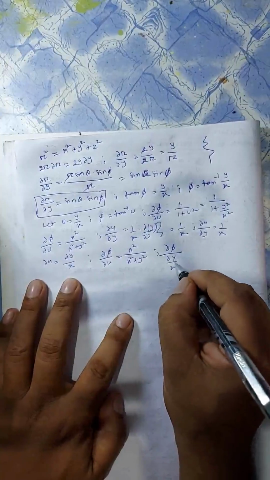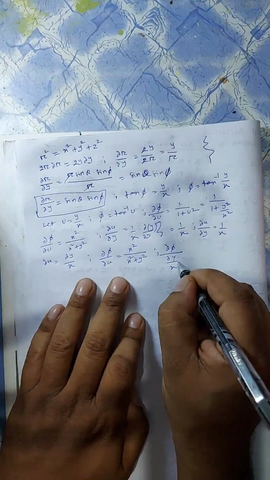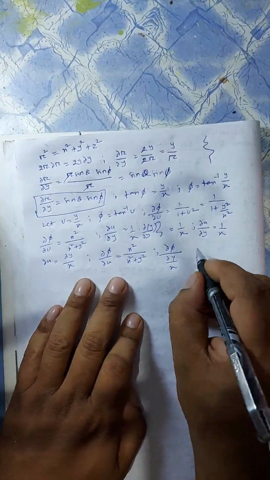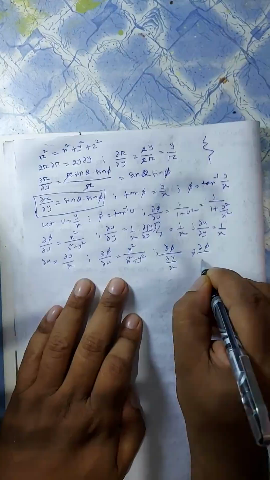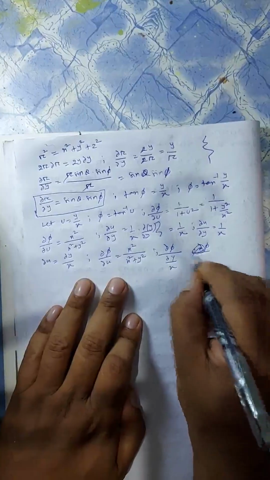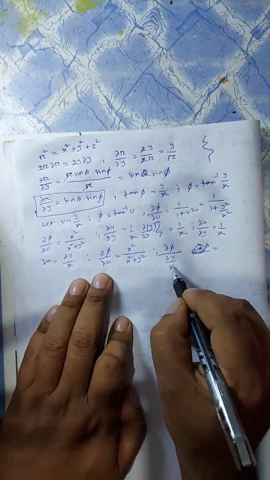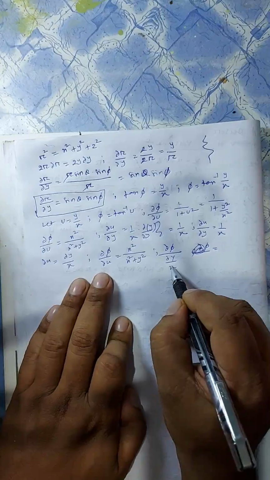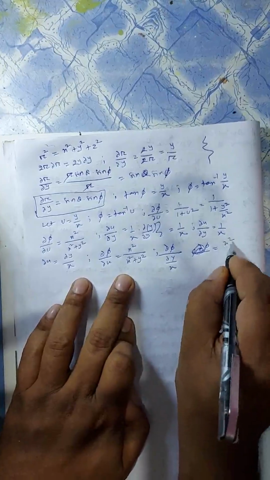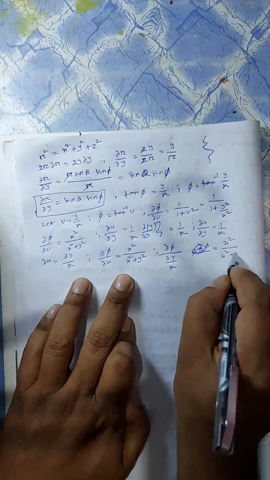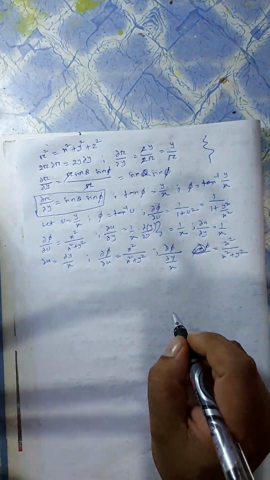Okay, that means dou phi by dou y into x, that x will go to that side. Dou phi, in place of dou u, I write dou y by x. Then we can write this is equal to x square divided by x square plus y square.